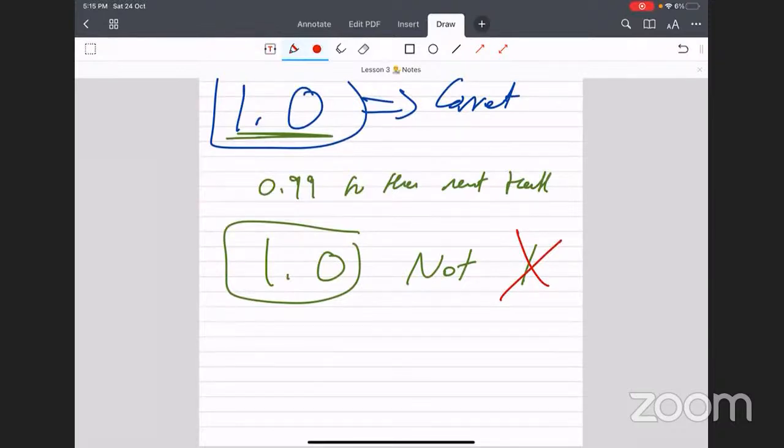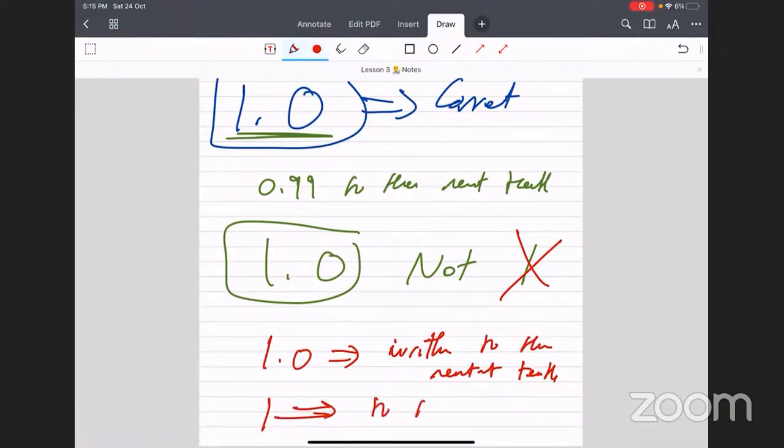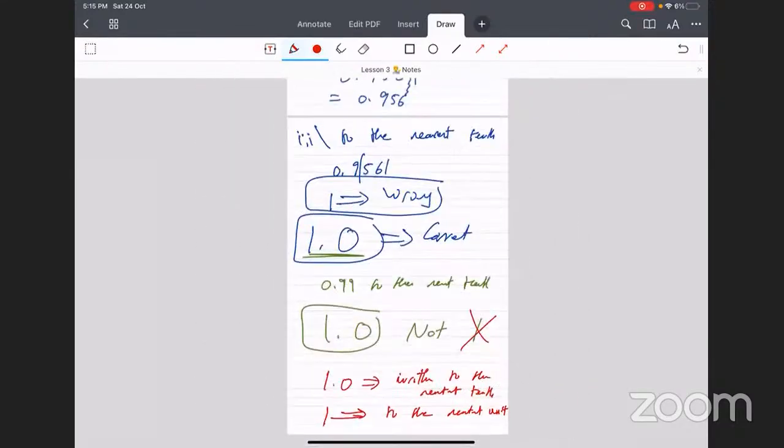Because it's written to the nearest tenth, but 1 is to the nearest unit. Here, remember this.